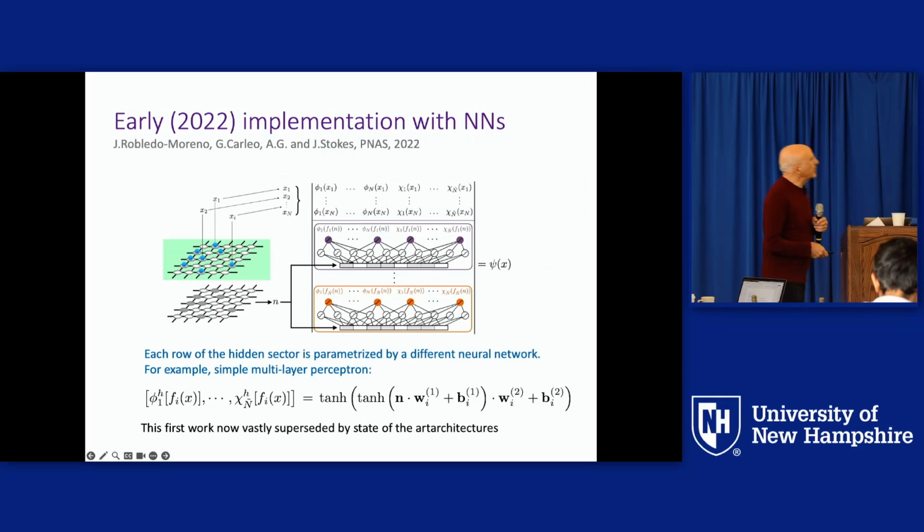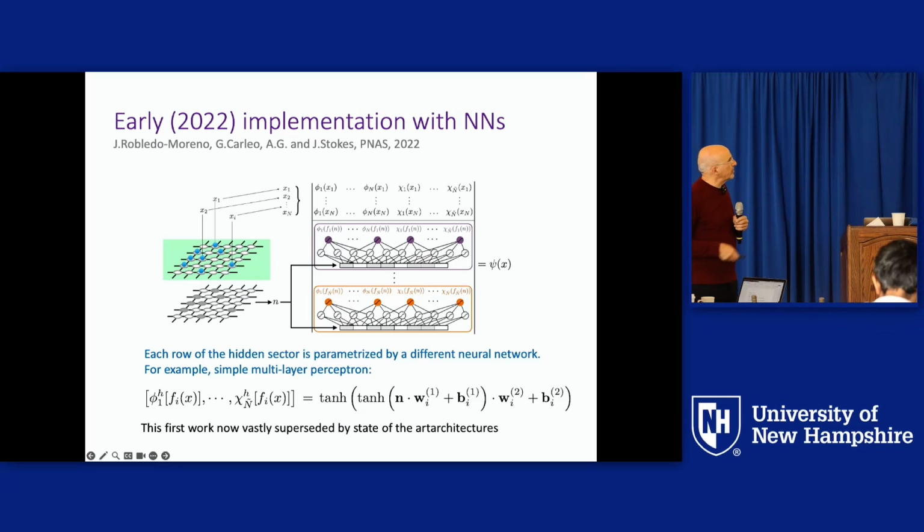Yes. In the original implementation that we did, all the upper block of the matrix were individual amplitudes that were variationally optimized, but all the lower rows of the matrix were actually parameterized by individual neural networks in which the input of the network is the Fock space configuration of my physical electrons, and the output of the network are the complex numbers that you want to enter into your determinant.